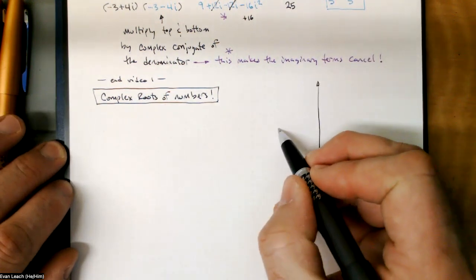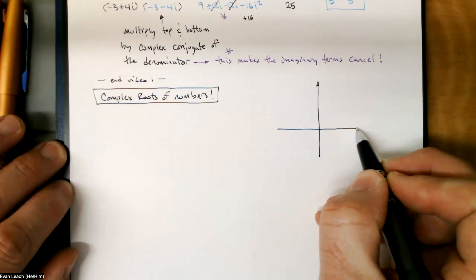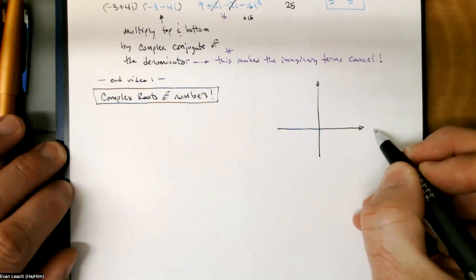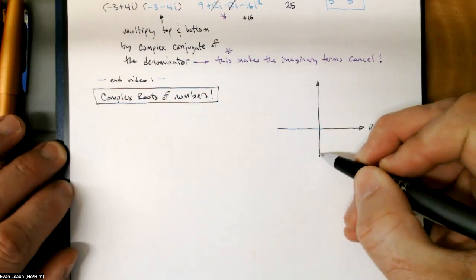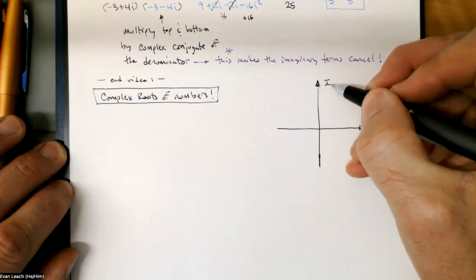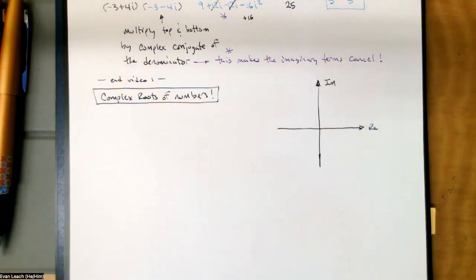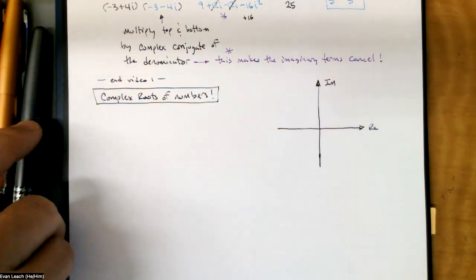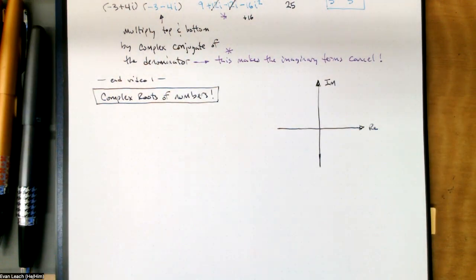On the horizontal axis, we'll put the real part. And on the vertical axis, we'll put the imaginary part. So a complex number is just a number with two parts. So here's how we visualize numbers with two parts, where the parts are independent of each other, not like a fraction.